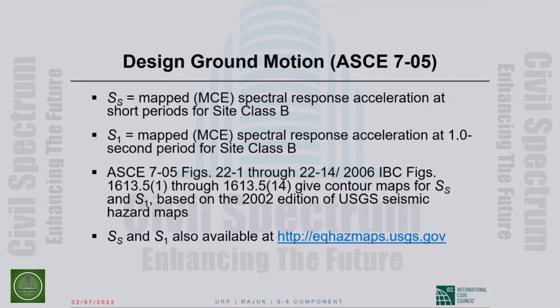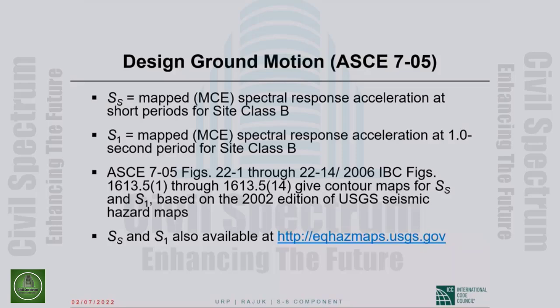And site class B, that refers to the different site classes that are defined in ASCE 7: site class A, B, C, D, E, and F. These have counterparts in BNBC 2020. Site class B is the benchmark site class on which USGS, the US Geological Survey, does all their mapping.